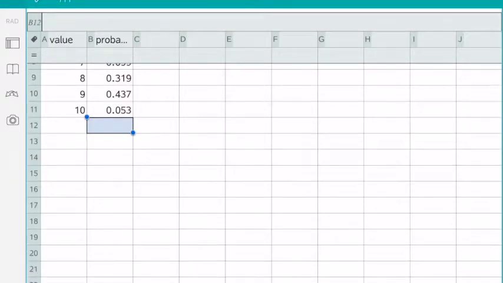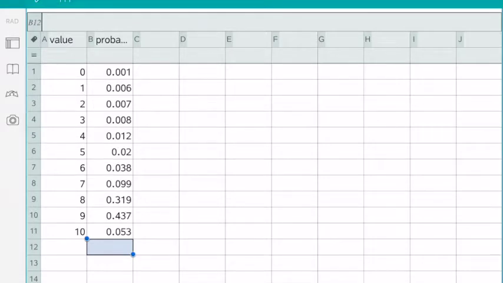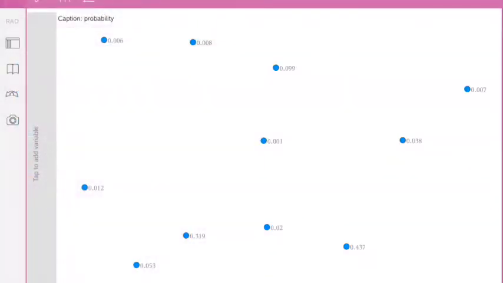Now that I have all my numbers in my spreadsheet, I'm going to add a data and statistics page. This is going to be a little different. We're going to add a variable.